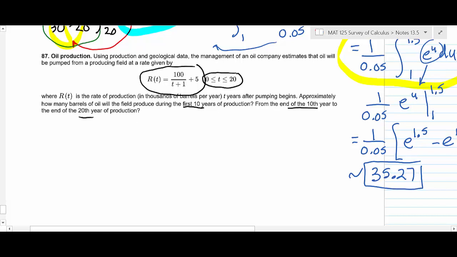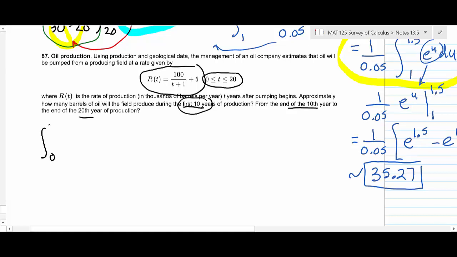Now this is an integral. What you're doing is totaling stuff. The first part of the problem doesn't say anything about average value. It just asks what's the total. So we're going to do the integral. The first 10 years, what would you integrate from? From where to where? 0 to 10, exactly.